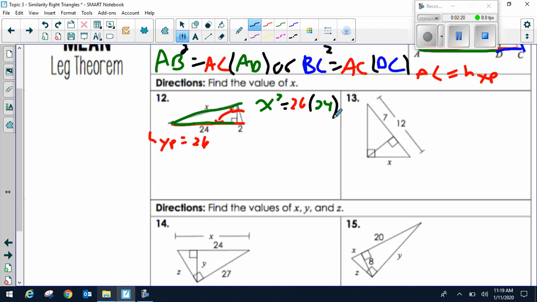Okay, and then once you set it up, it's just like we did yesterday with the altitude theorem. We're going to multiply them together. So 26 times 24 gives me 624. And then just like yesterday, you would take the square root. You get x is equal to the square root of 624, and just like yesterday, you still got to do birthday cake. So 624, divide that by 2, you get 312.